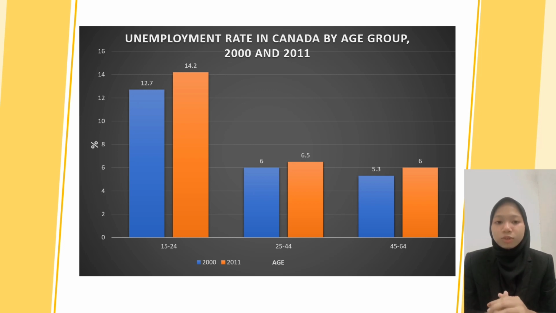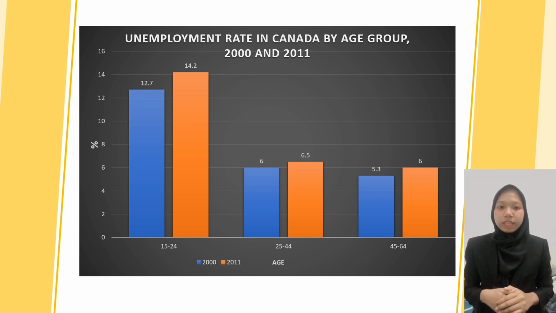That means those who are working or seeking employment. As shown in 2000, the youth unemployment rate in Canada was 12.7%. In 2011, the youth unemployment rate was up to 14.2%.